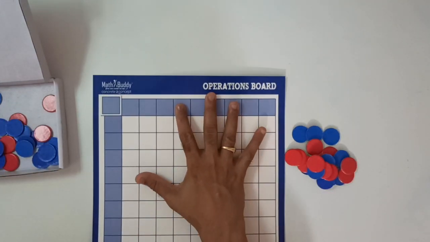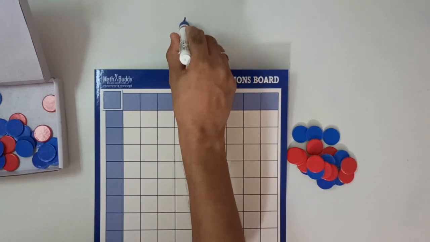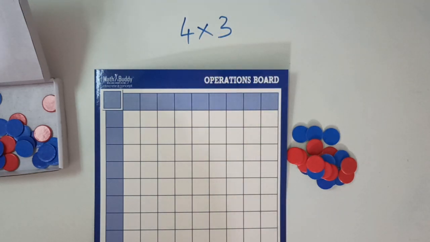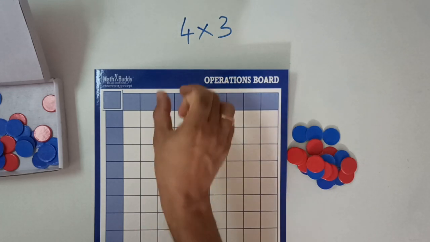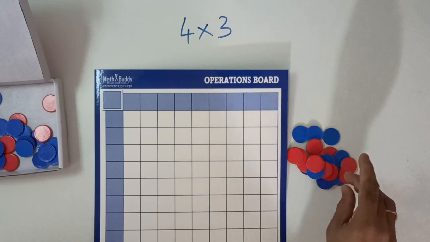What is multiplication? Let's take a very simple example: 4 into 3, 4 multiplied by 3. What does this mean? It means 4 groups of 3 chips.